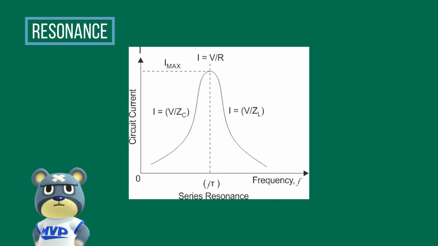So in a series resonance circuit, the voltage across the resistor is equal to the supply voltage, V equal VR. In a series RLC circuit, current is I equal V over Z, but at resonance current I equal V over R. Therefore, the current at resonance frequency is maximum, as at resonance the impedance of the circuit is resistance only and is minimum. The graph shows the plot between circuit current and frequency. Starting out, when the frequency increases, the impedance decreases and hence the circuit current increases.